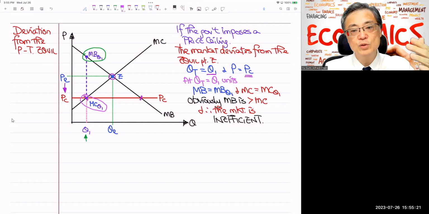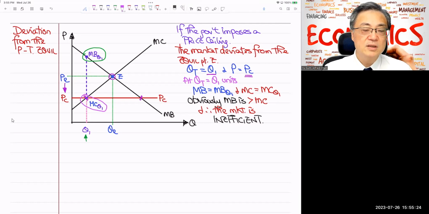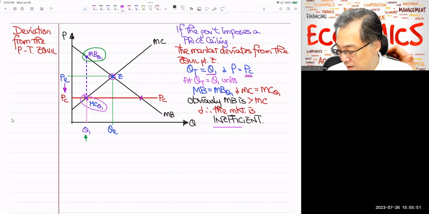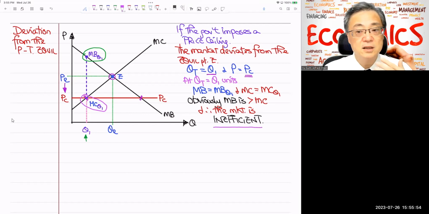And once these two are not equal, that means we do not have optimization. Consumer surplus, producer surplus, total social surplus are not at maximum. Because of this, we can't say the market is efficient. On the contrary, we'll say definitely the market is inefficient because MB is greater than MC and they are not equal.